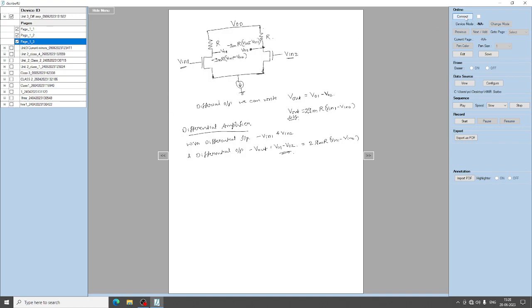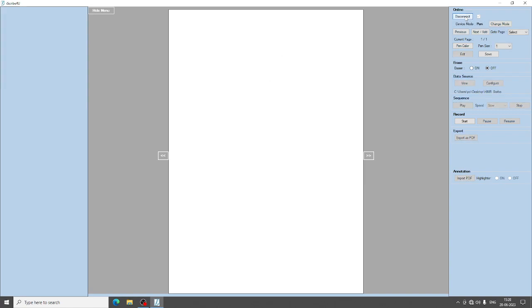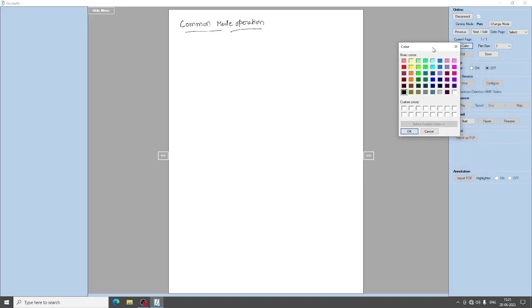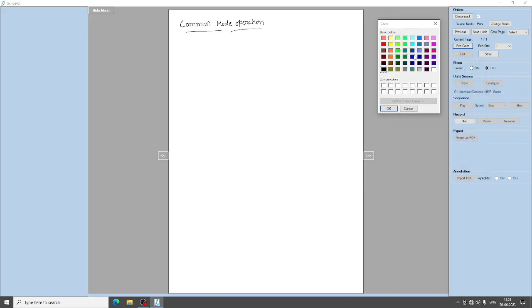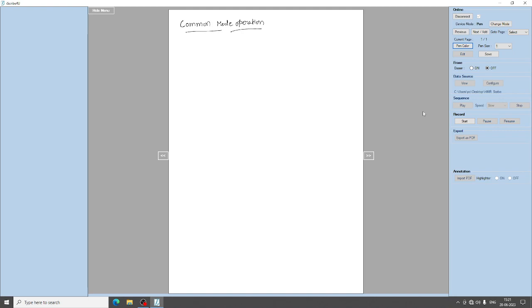So coming to the next topic, the study of the differential amplifier in common mode operation. In today's class we will discuss the study of the differential amplifier circuit we discussed earlier, that is, the differential amplifier with the resistive load.